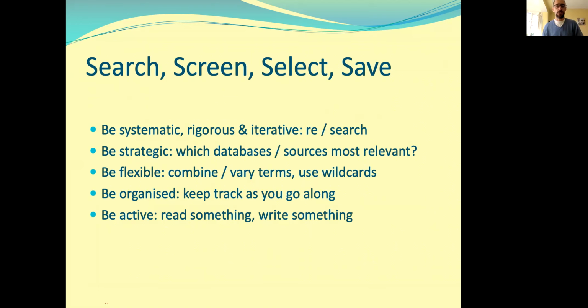Find a way that works for you, but be organized and keep track as you go along, particularly of the citation details, like the Harvard referencing information, because it becomes very time consuming if you have to go back to something that you first found some months earlier in order to check what the referencing information is. You can spend hours doing that if you're not careful. So keep track as you go along.